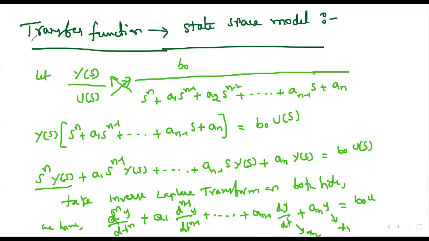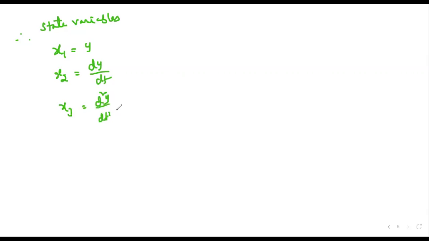Therefore, state variables are selected as x1 is equal to y, x2 is equal to dy by dt, x3 is equal to d square y by dt square, and so on.